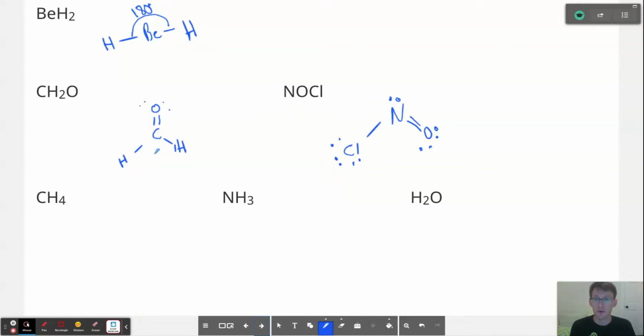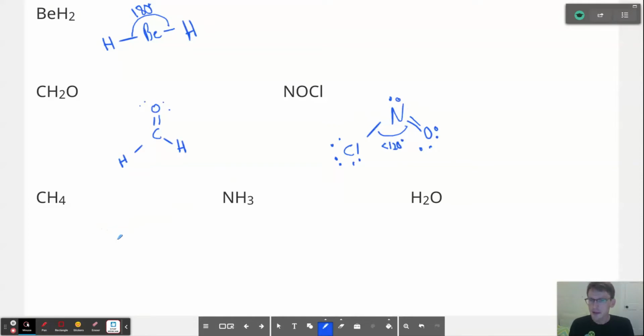So although all three of these angles are going to be pretty much spot on 120 degrees, we'll find that these are a little bit less than 120 degrees. How much less? Not much, maybe 117, because that lone pair pushes a little bit harder on the bonding electrons, N-Cl and N-O.